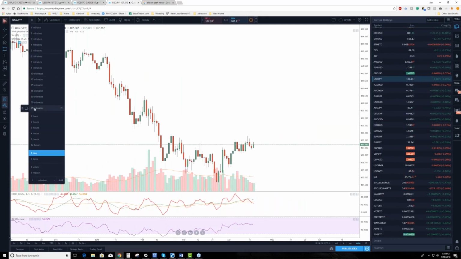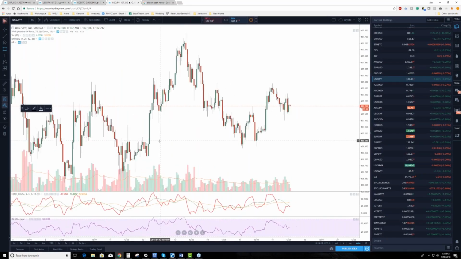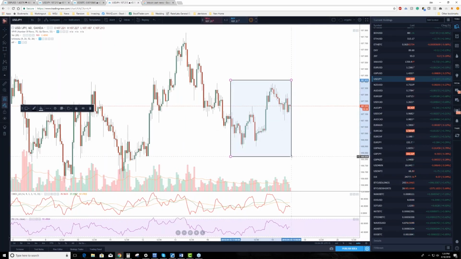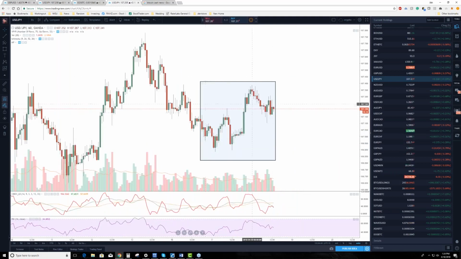Let's go to a 1 hour chart. 1 in the morning on the 17th is what we're looking for. All of this price action activity from 1 in the morning. Wait, that's not right.